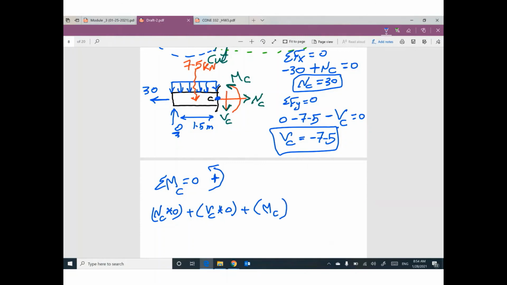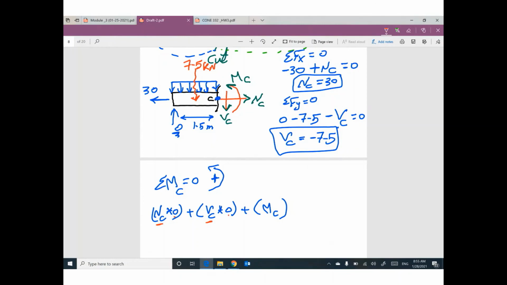I'm still repeating to remind you all the time. NC is a force, it needs distance, but we don't have distance. VC is a force, it needs distance, but we don't have distance. MC is a moment, it does not need distance.